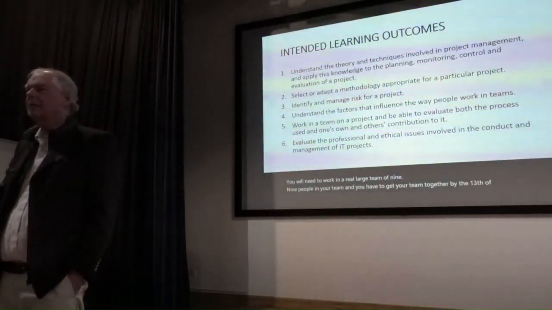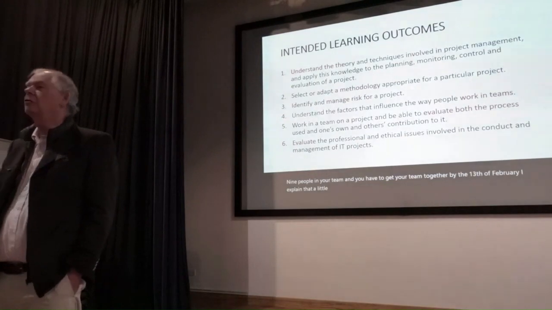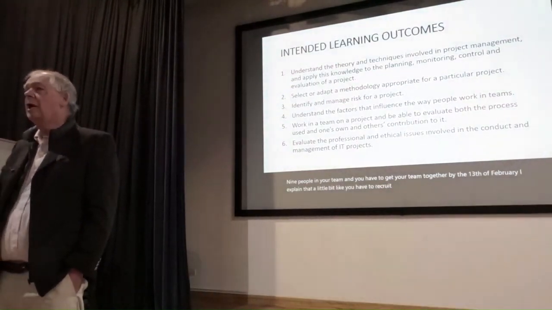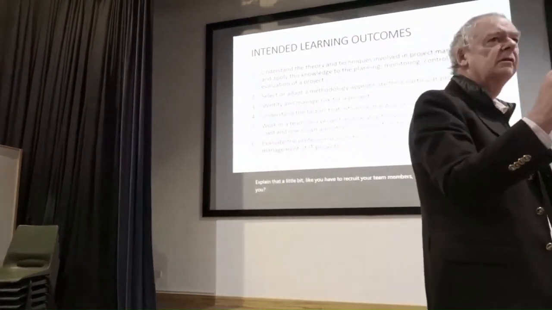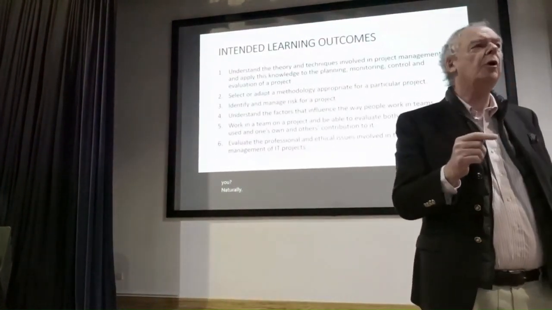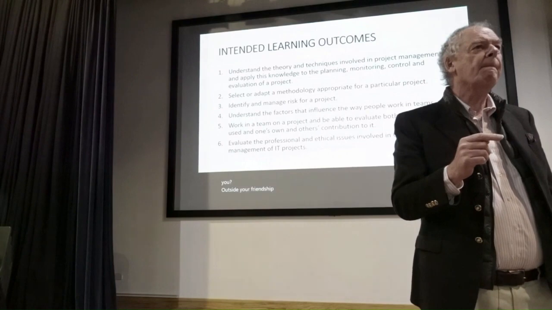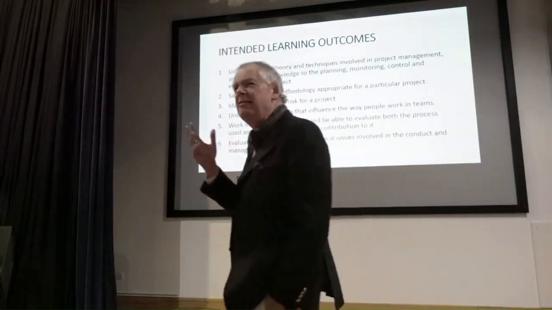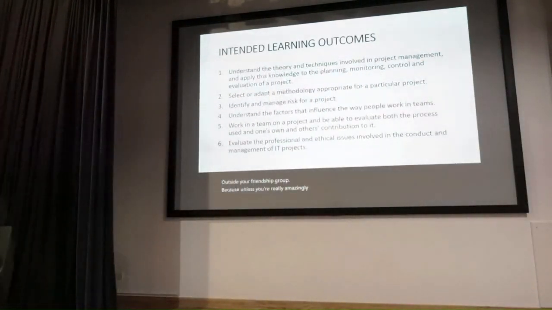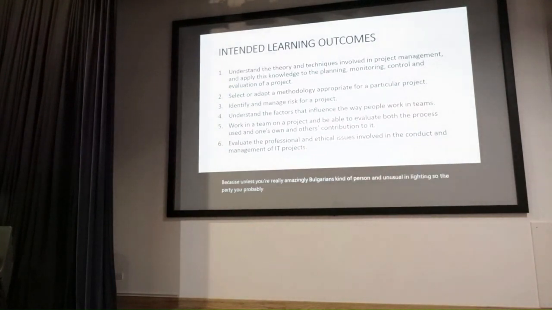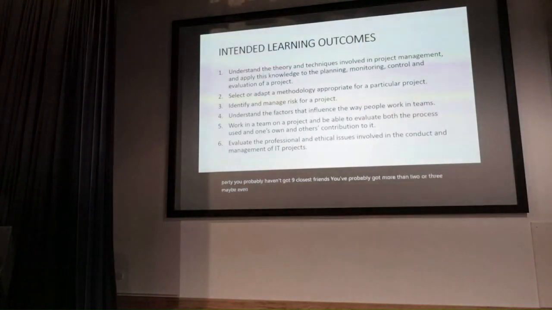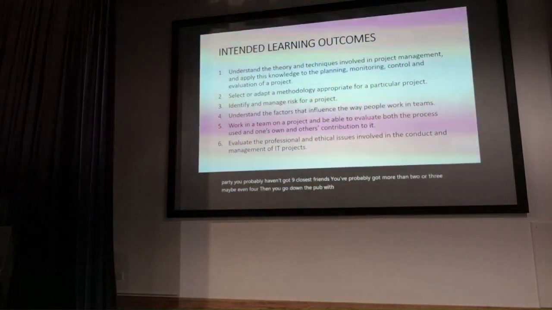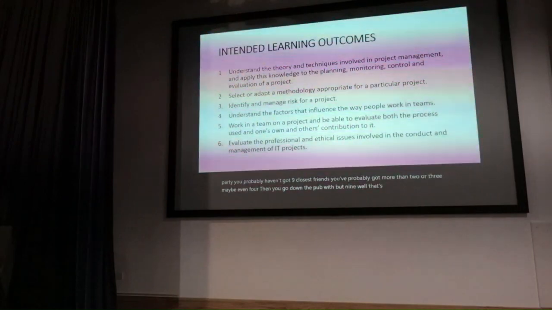I'll explain that a little bit later, but you have to recruit your team members, 9 of them, which takes you naturally outside your friendship group. Because unless you're a really amazingly gregarious kind of person, unusual, the life and soul of the party, you probably haven't got 9 close-ish friends. You've probably got 1 or 2 or 3, maybe even 4 that you go down the pub with. But 9, well, that's a bit beyond, yeah?